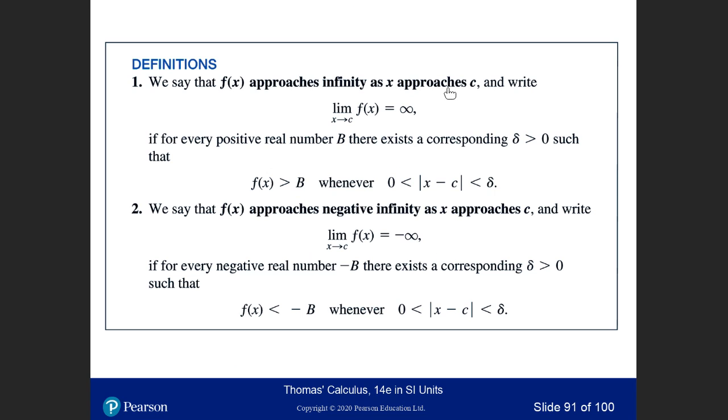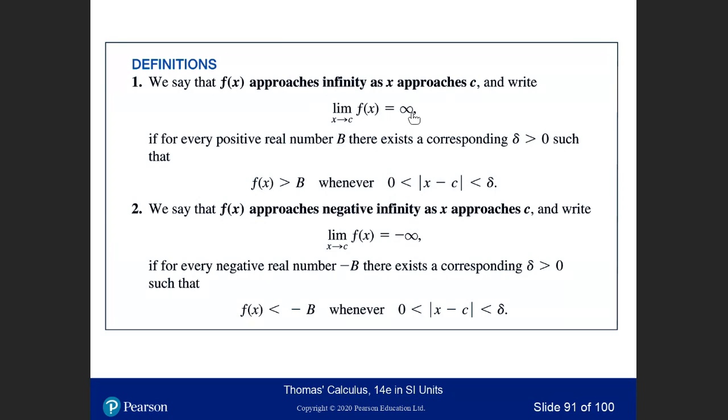Okay, so we talked about limit at infinity. In certain cases, this is a horizontal asymptote. And in certain cases, as we gave in the previous slide, the function may go to infinity, but may approach an oblique asymptote. Now we are going to look at the case where x approaches a constant number c.